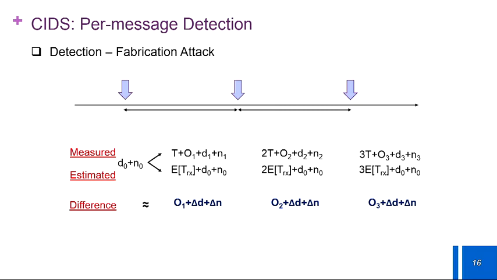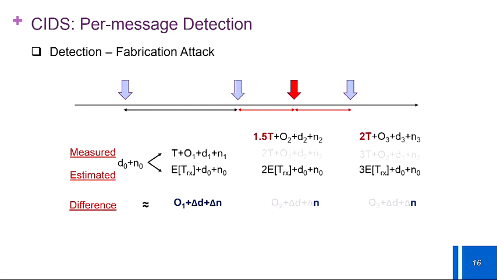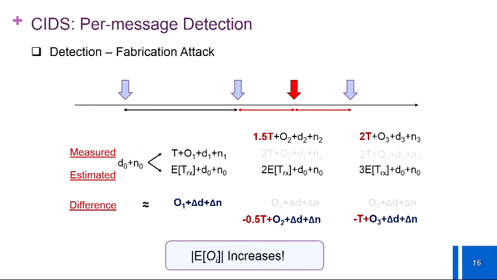For example, what if an attacker injects a message using the fabrication attack that I described before? Because the original legitimate node is sending the message anyway, it would change the outputs in our system, because it produces a measured timestamp that is very different from what we estimate. That would make our average clock offset increase.